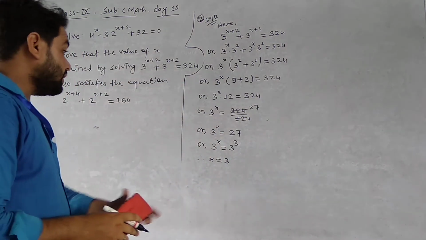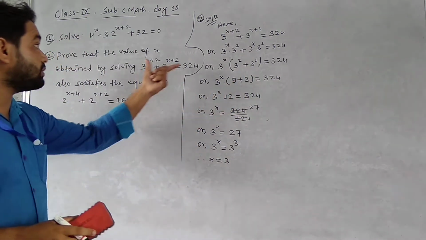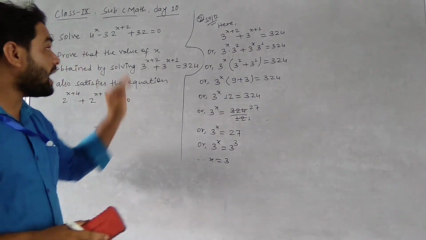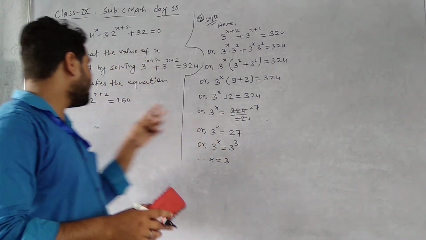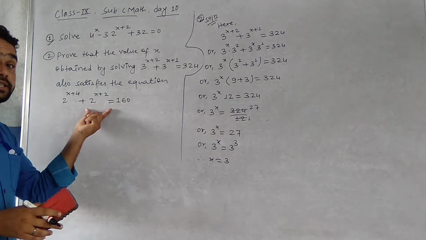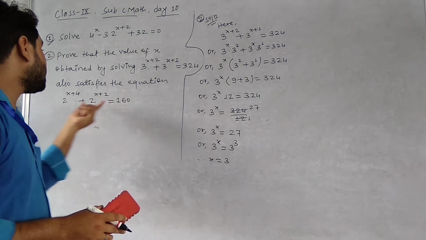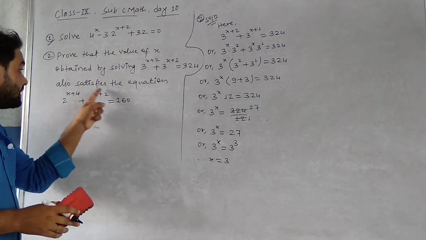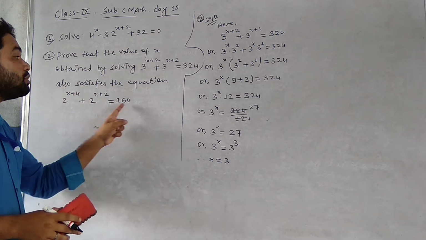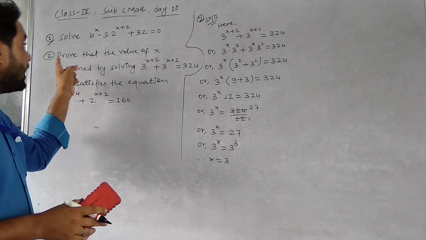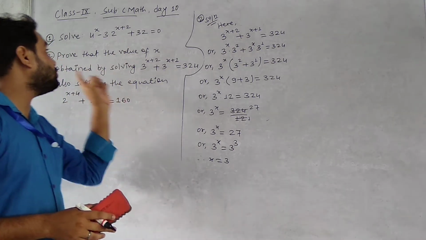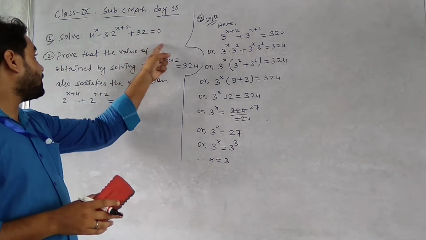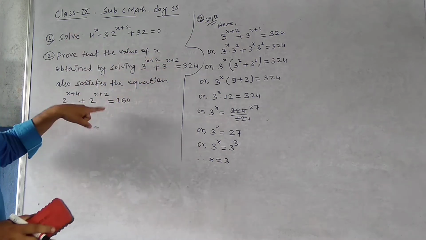Now we found the value of x from the first equation, and we are going to put this value of x in the second to satisfy this. If you put the value of x over here, then it must be 160. Only then can we prove that the value of x obtained from the first satisfies the second one.